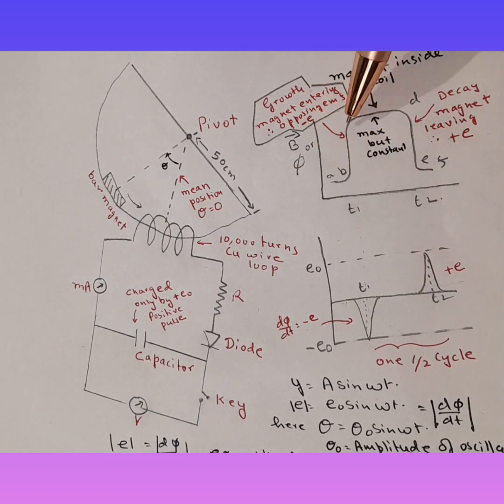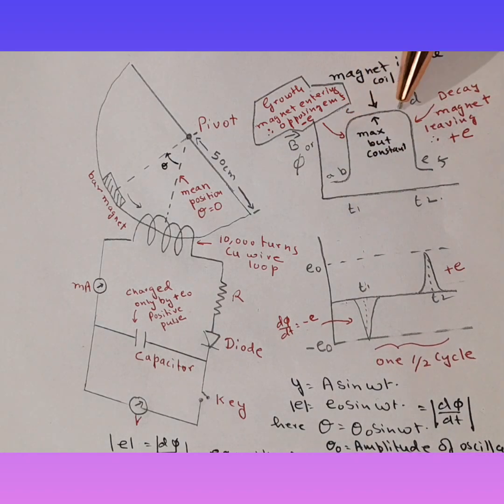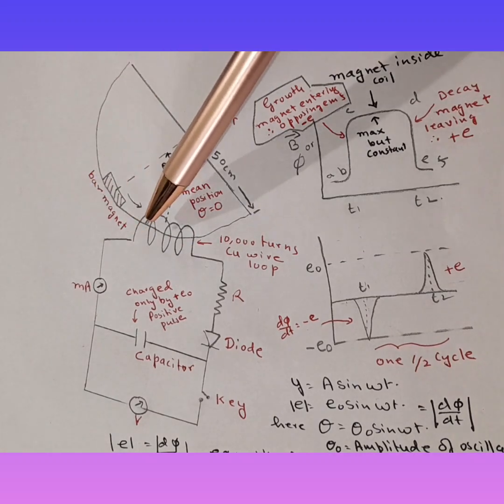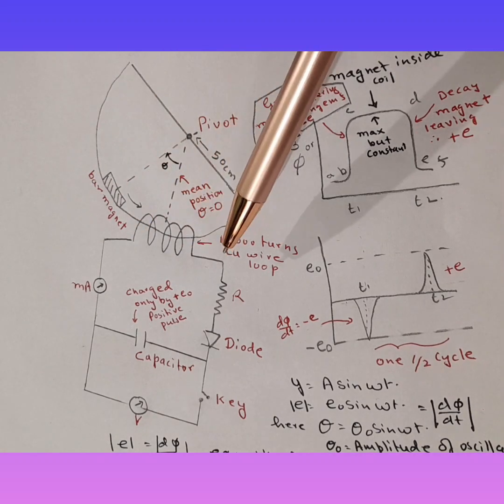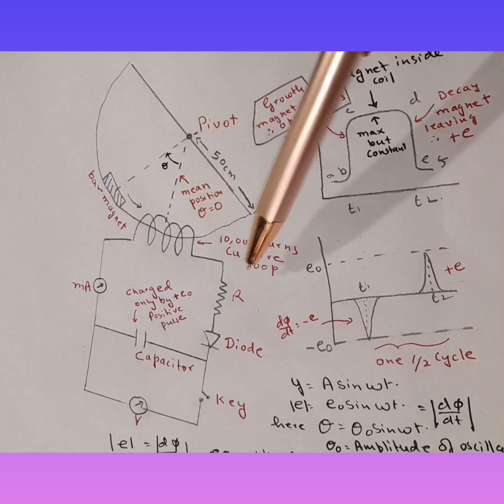So this is growth while the magnet is entering, and since the EMF is opposing, it is minus E. It remains constant when it is moving inside the coil, and when it is quitting the coil, decay is happening again, and flux-wise it keeps on decreasing as it is leaving the coil.